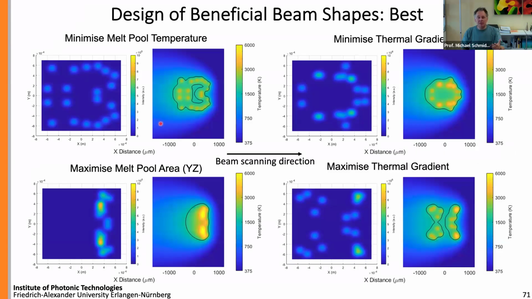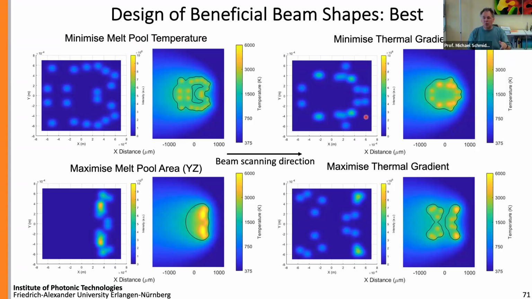And we did this for, as you've seen, 200,000 of these, because the computation time was very low. And then we said, okay, which one has the lowest melt pool temperature? Which one has the lowest thermal gradient? And out of the 200,000, we could filter out the ones that obeyed these boundary conditions best.